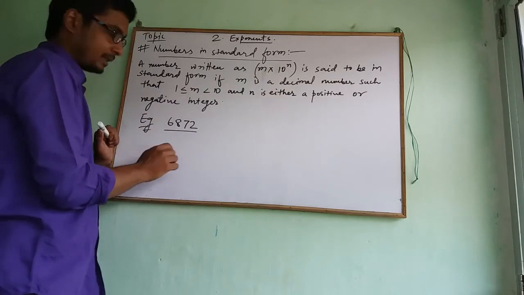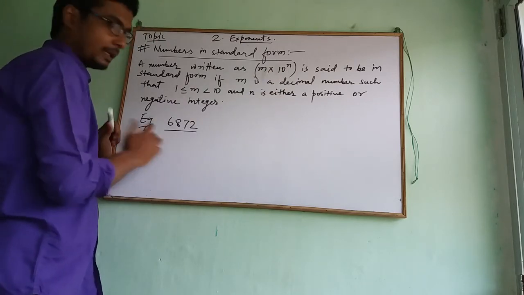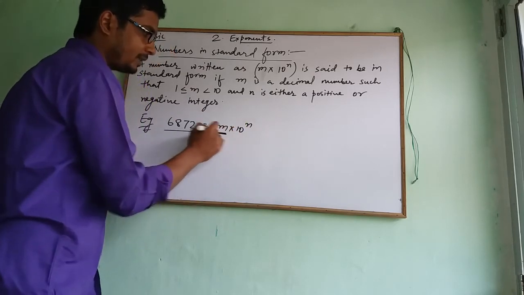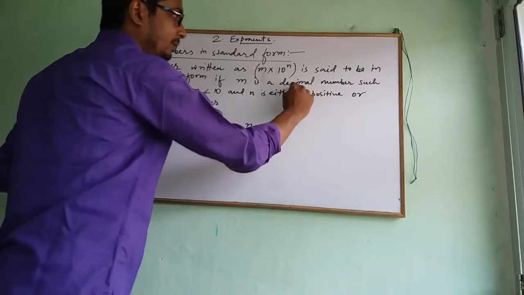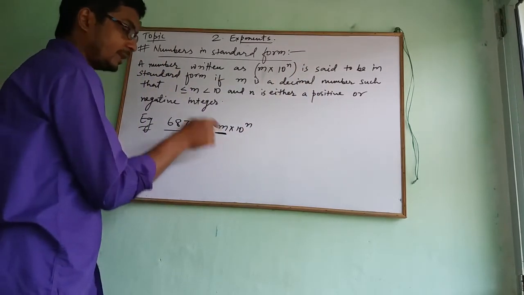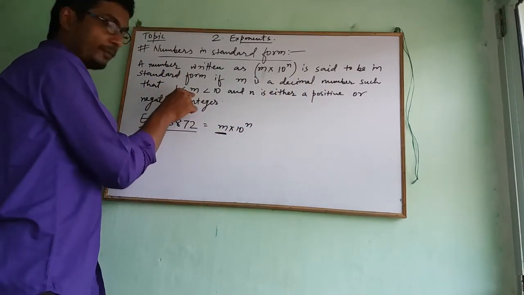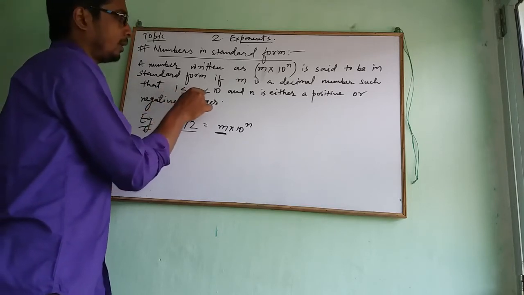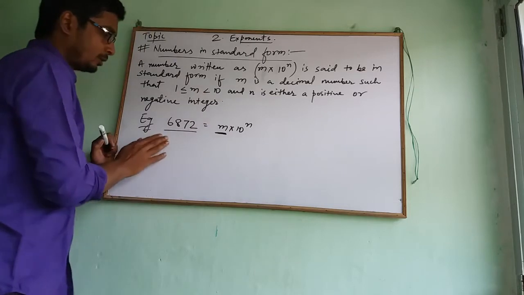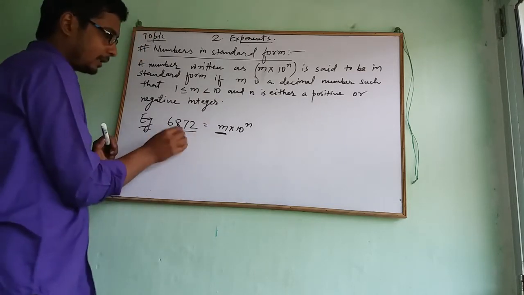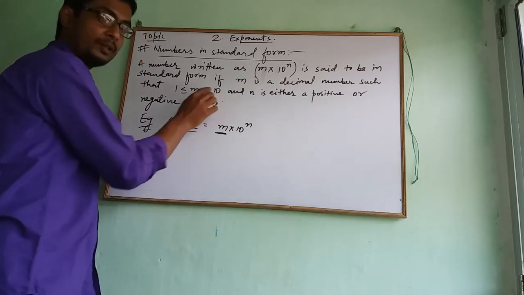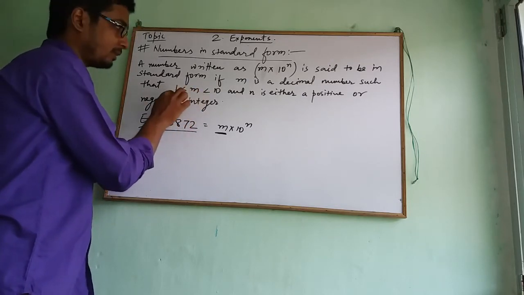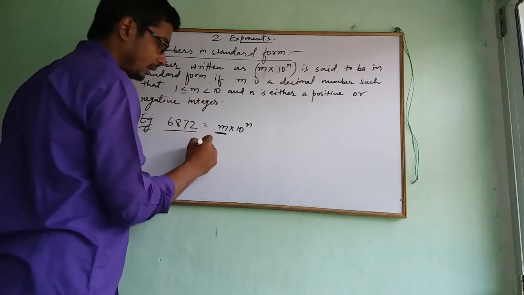I have to represent this number as m into 10 to the power n, in which m must be a decimal number, and the value of m will be equal to or greater than 1 and less than 10. If I take 68, then the value will be greater than 10. If I take 6, the value will be between 1 and 10. So I have to take 6.